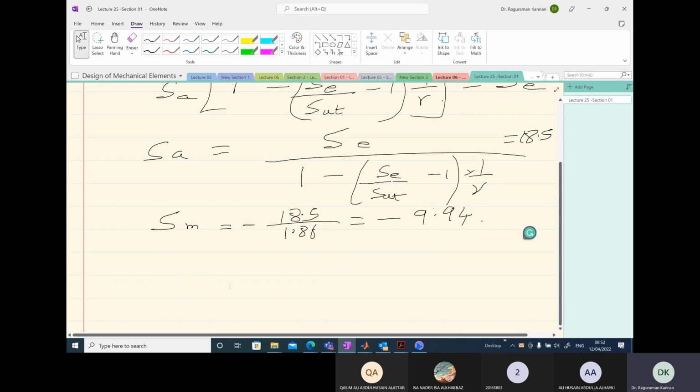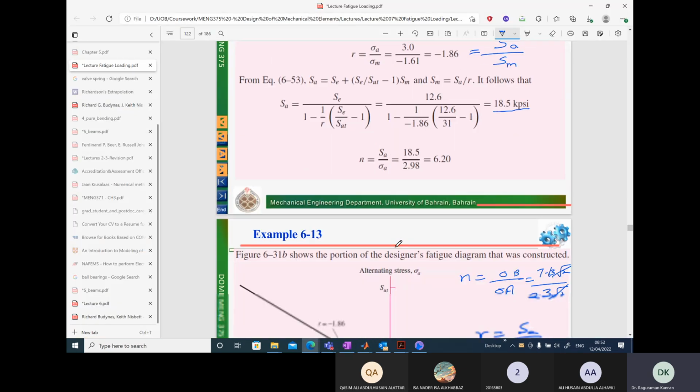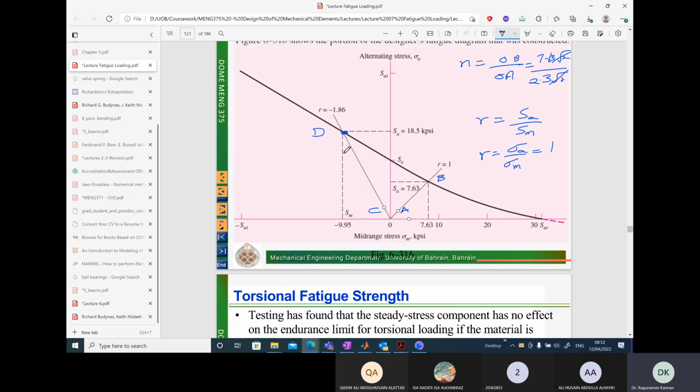We can calculate the factor of safety in this particular case as OB over OC. I think OD over OC, sorry. According to the diagram, OD over OC. So use the Pythagoras theorem.